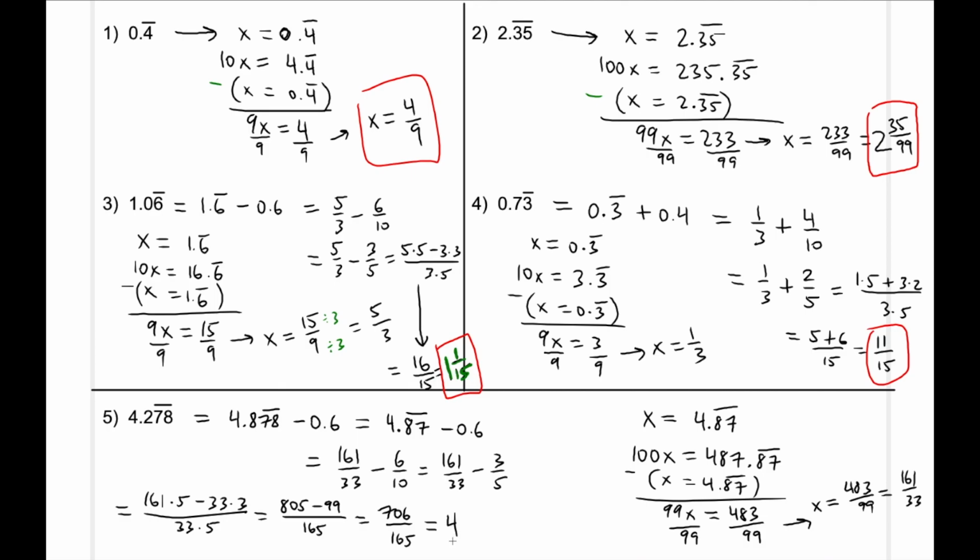And then the rest of that is 706 minus 4 times 165, which is 46. So 4 times 165 subtracted from 706 leaves 46 over 165. So this, ladies and gentlemen, is your mixed number equivalent to the given decimal with a repeated bar on top of it.